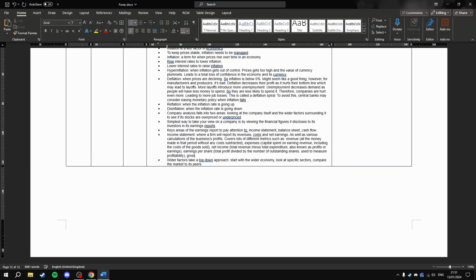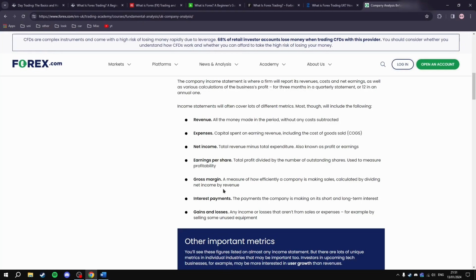Gross margin. A measure of how efficiently a business is making sales, calculated by dividing net income by revenue.